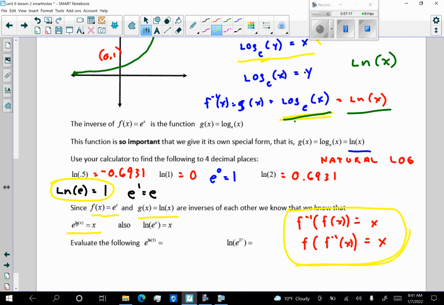So I have e to the ln of x is equal to x, and I have ln of e to the x is x. This is an easy part of the statement to realize, because I have log base e of e to the x is x. Why? Because e to the x is equal to e to the x, and this is your base here. So base e, exponent x, is equal to e to the x. So that's an easy one.